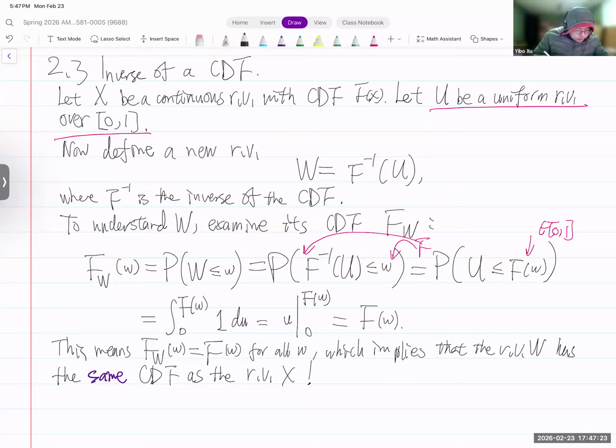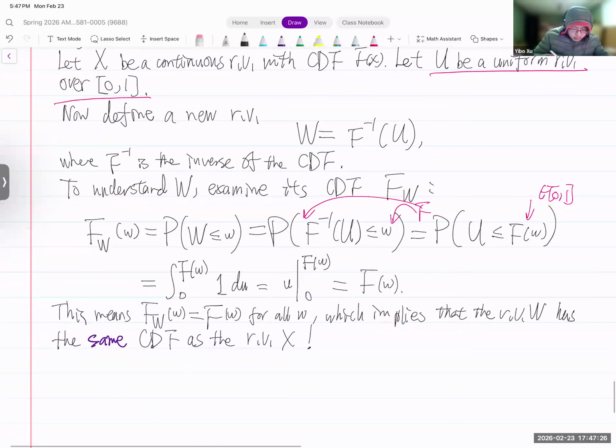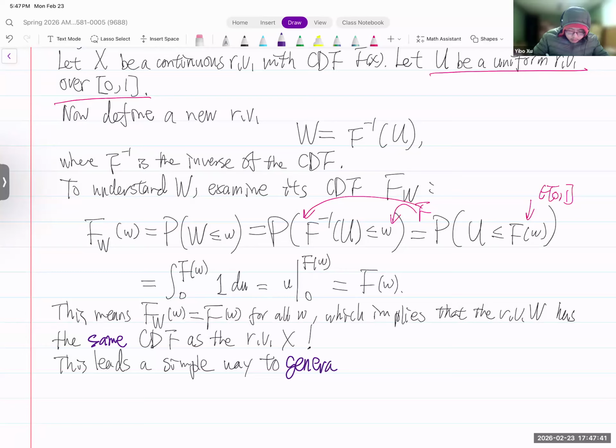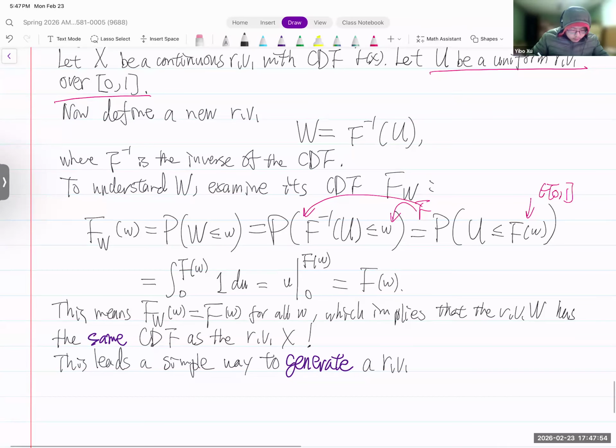So this leads to a simple way to generate a random variable from F, as long as we know what F inverse is.